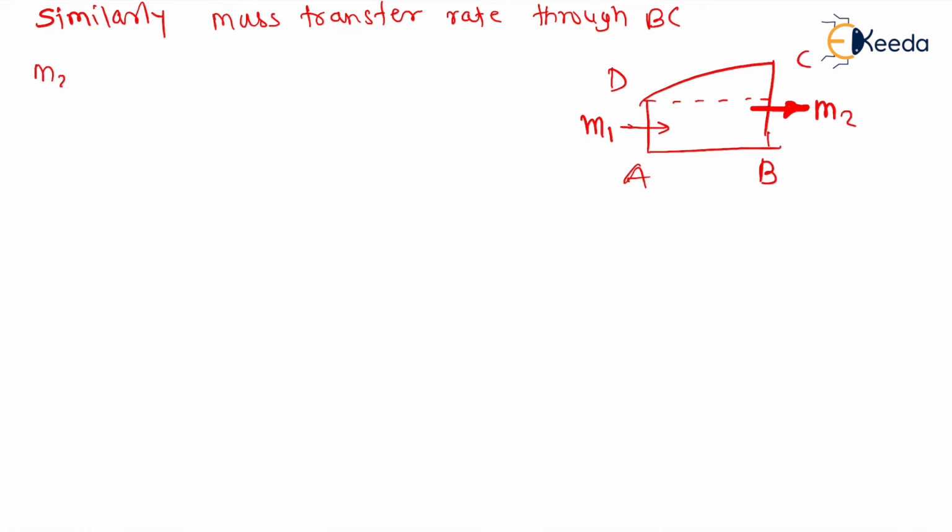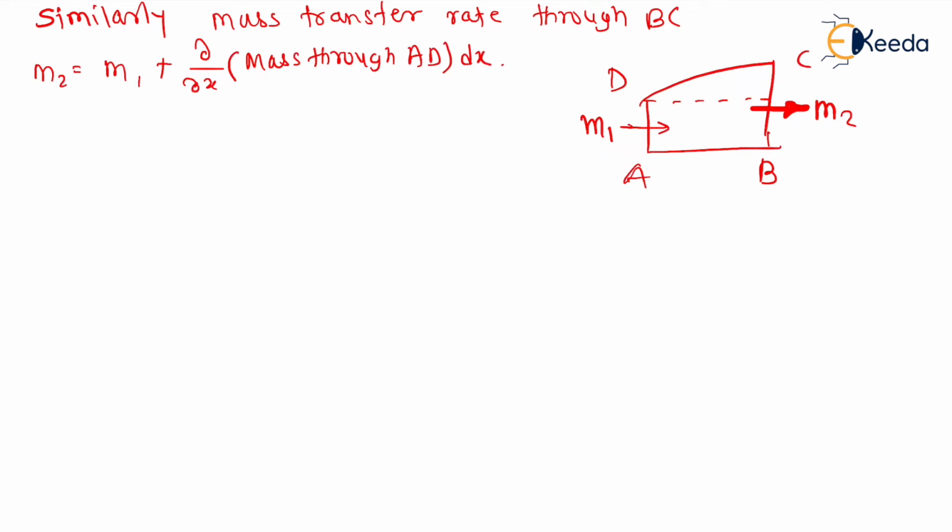So m2 is equal to m1 plus rate of change of mass transfer, that is delta by delta x of mass through AD into dx.